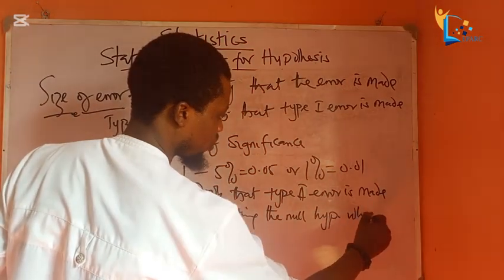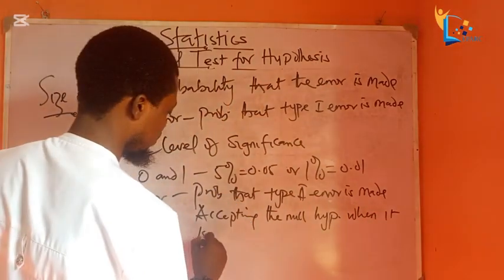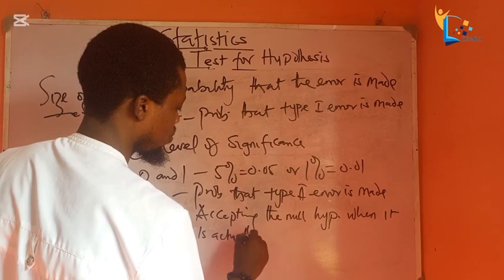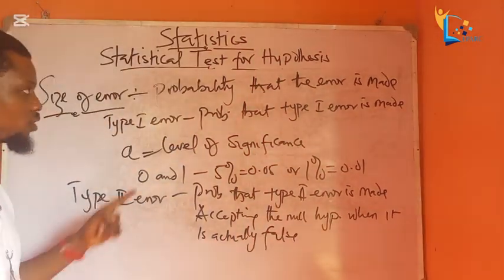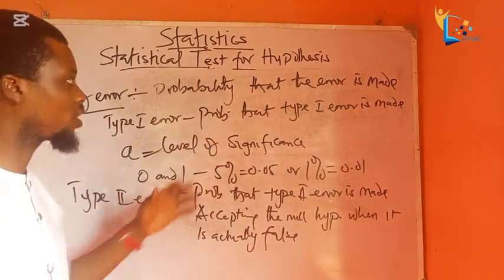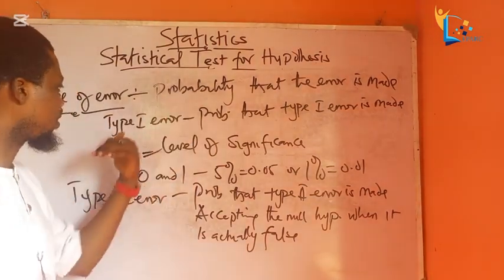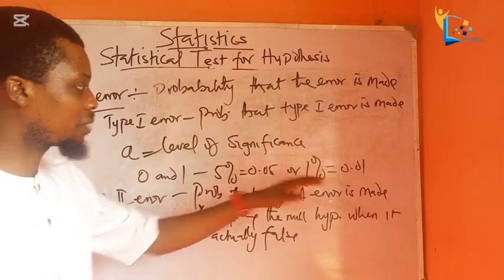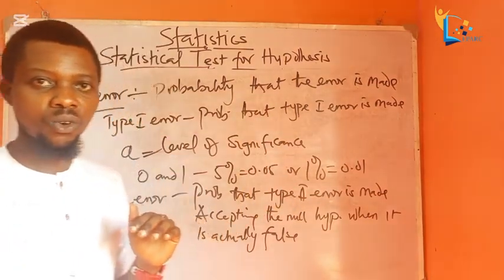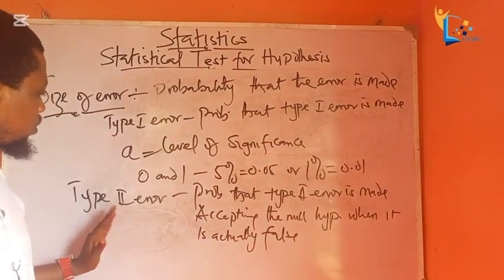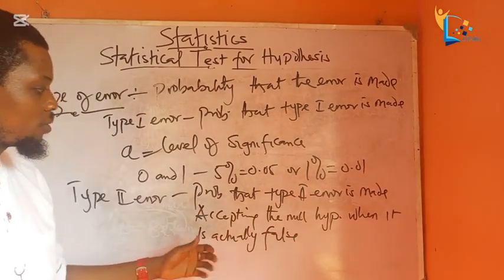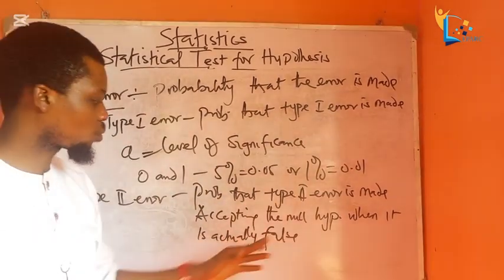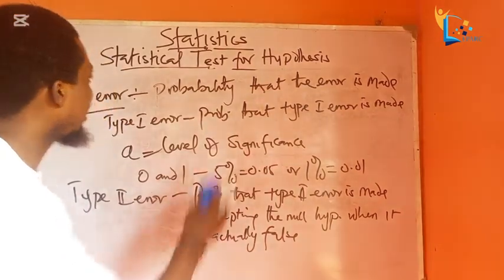That is the type 2 error; the statistician has committed the type 2 error. And the probability of the type 2 error is the probability that type 2 error is made, which is accepting the null hypothesis when it is actually false.